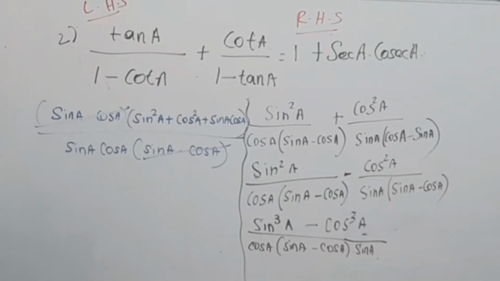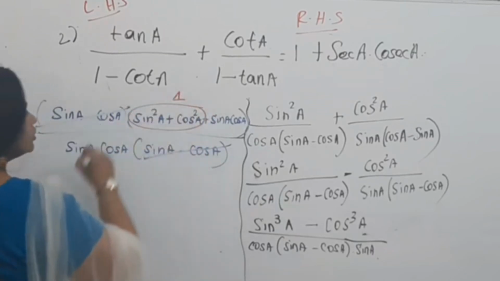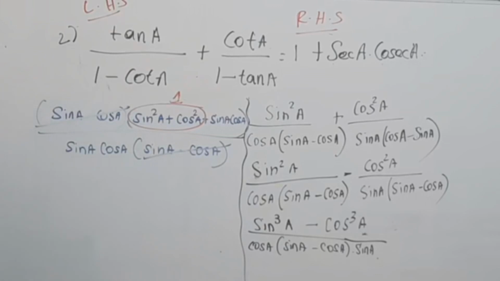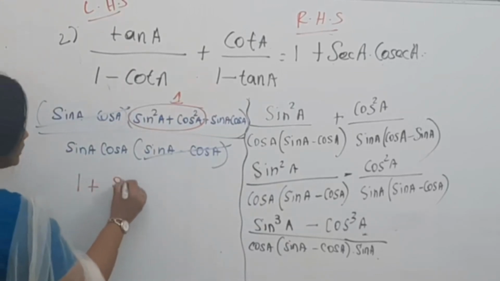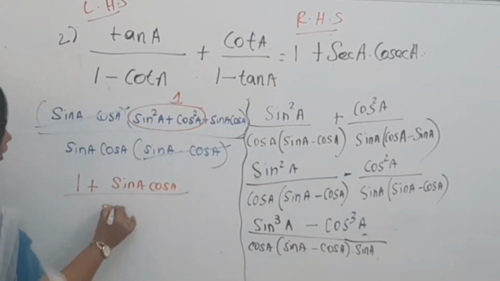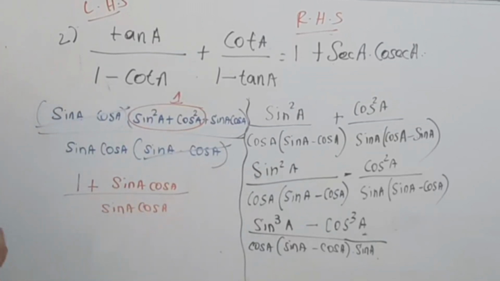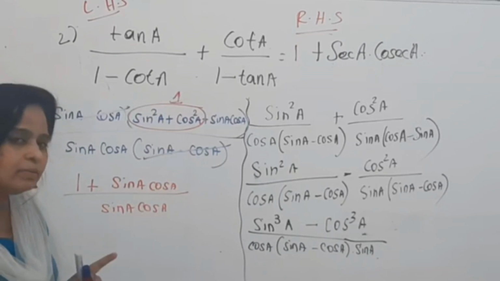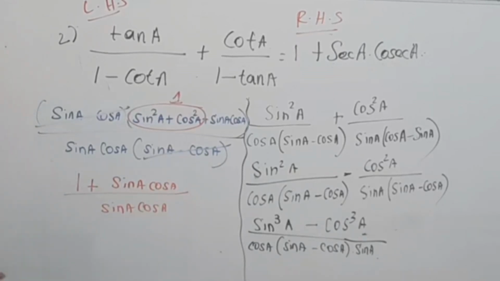And children, you must have understood the first very specific identity. This becomes 1. So sine square theta plus cos square theta is equal to 1. So I will have (1 plus sine A cos A) divided by sine A cos A. Now I told you in the previous identity, if it is only one term in the denominator, try to separate the numerator with the denominator.